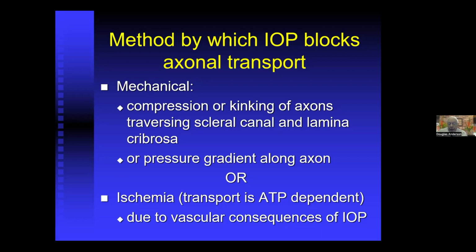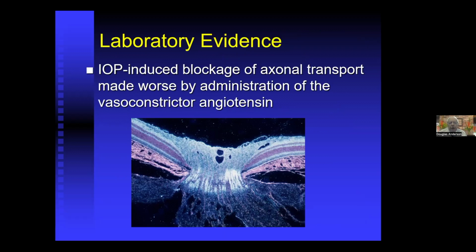And the vascular consequence of intraocular pressure is that there is no active energy in the form of ATP to conduct the transport. I happen to believe that's the main mechanism. Not everybody is fully convinced, I guess, now.